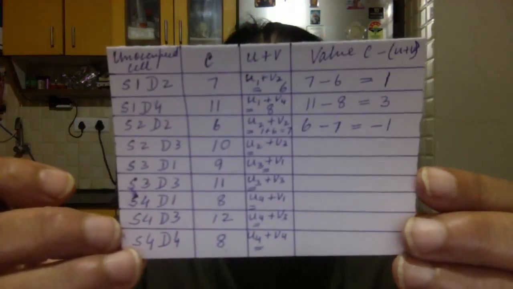Okay? 6 minus 7 is equal to minus 1. Next, U2 plus V2. U2 is 1. V2 is 6. You will get 7. 10 minus 7 is equal to 3.